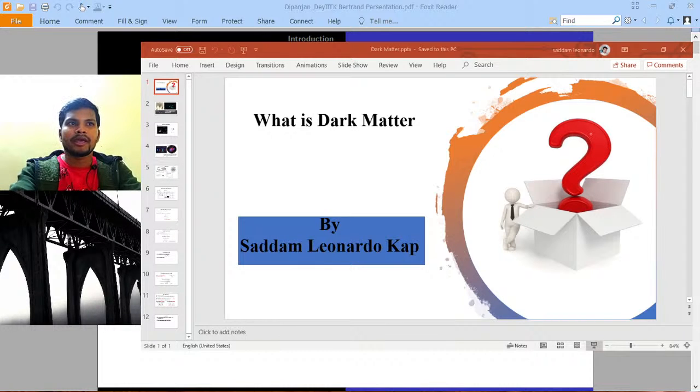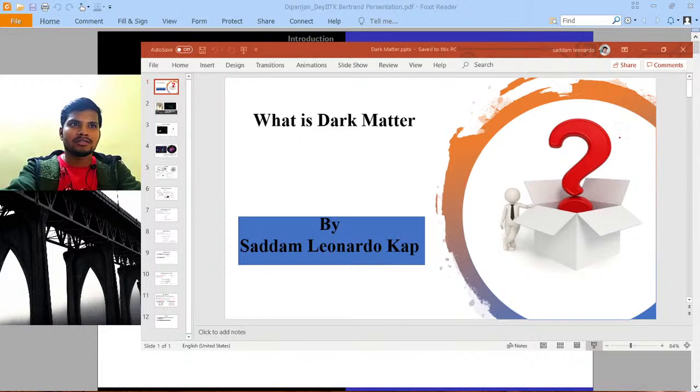As you go away, the velocity of the planets becomes slower, because of Newtonian physics: velocity decreases as you go away from the sun, since the most massive object in our solar system is the sun.